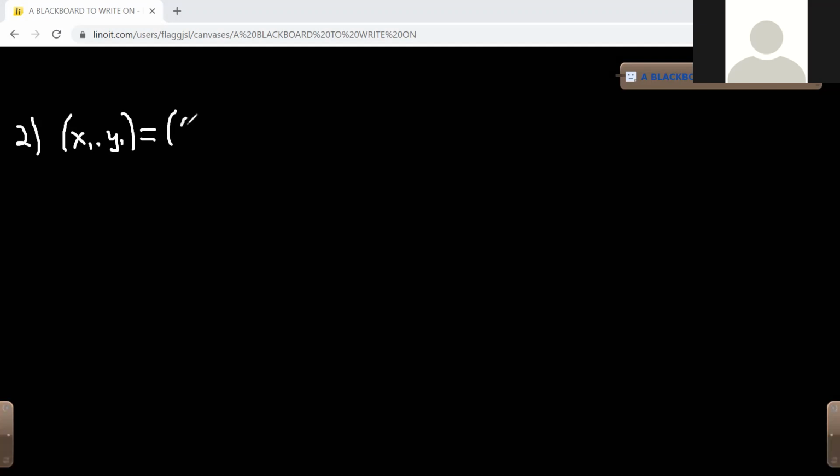Okay, so now we're given two coordinates. So one coordinate is going to be x1, y1. And could you repeat the first coordinate, please, somebody? It's 4, 3, correct, thank you.